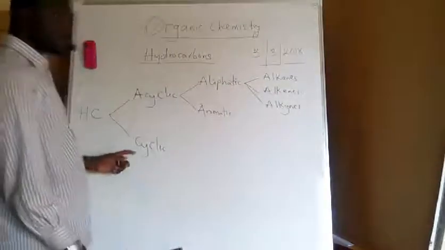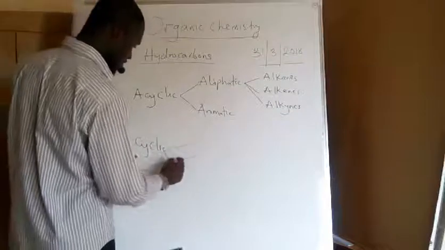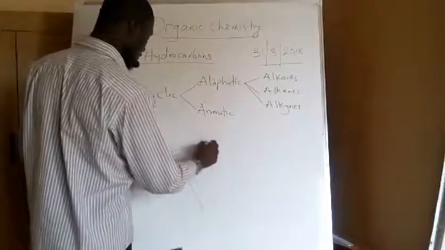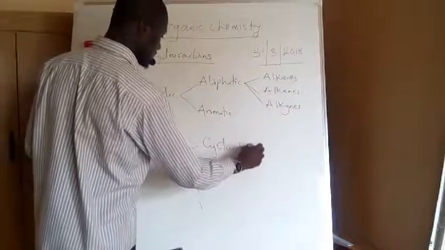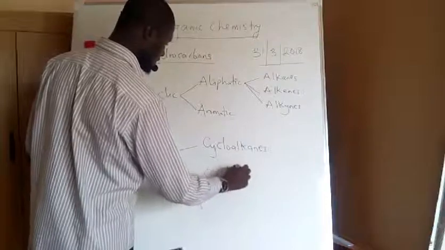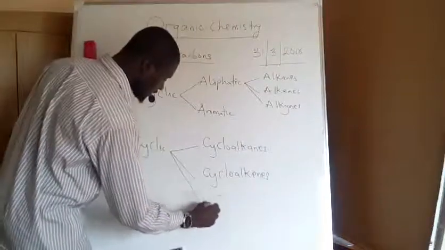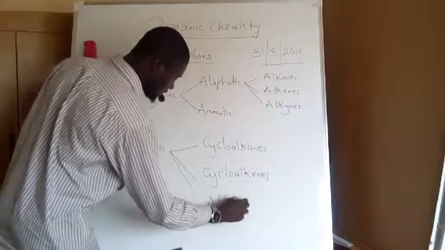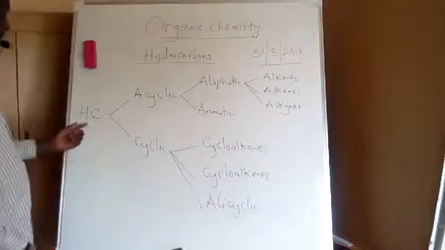Then the cyclic hydrocarbons are also subdivided into three. We have cycloalkanes, cycloalkenes, and alicyclic. So this is the classification of hydrocarbons.